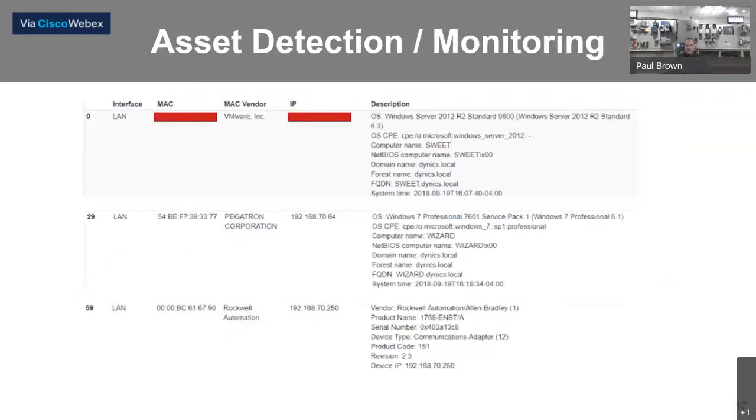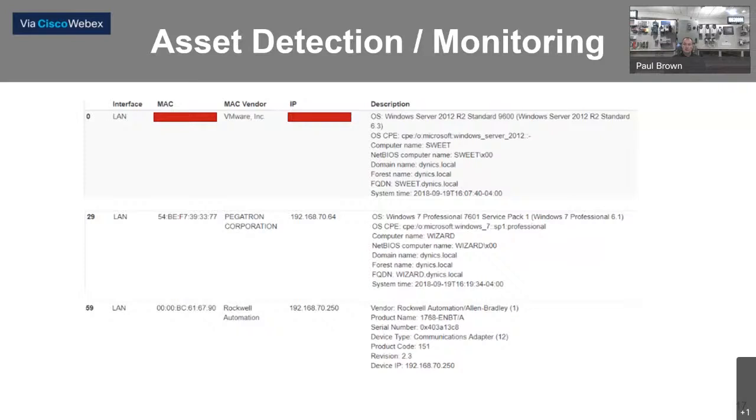Now, from an asset detection and monitoring, this is a simple one-page report showing that there are 3 devices that were found on this particular network. As you can see, it identifies the MAC address, the MAC vendor identification, the IP address.